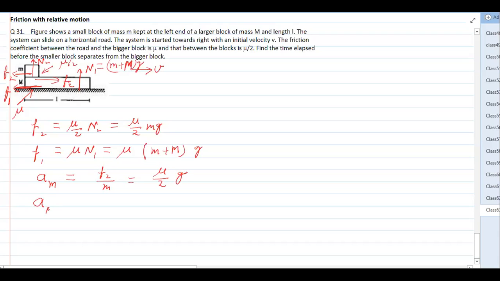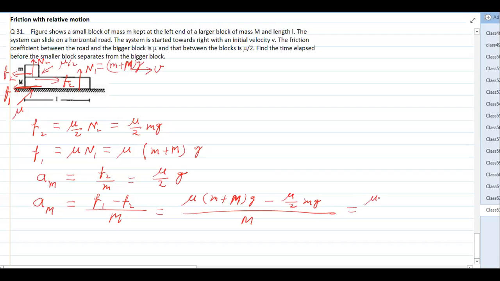Similarly, acceleration for capital M will be F1 minus F2 by capital M. F1 is mu times small m plus capital M into g, minus mu m g by 2, divided by capital M. So this is the thing we have to do.